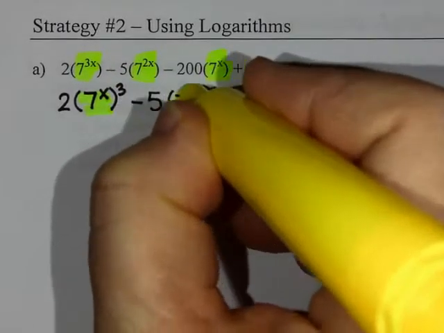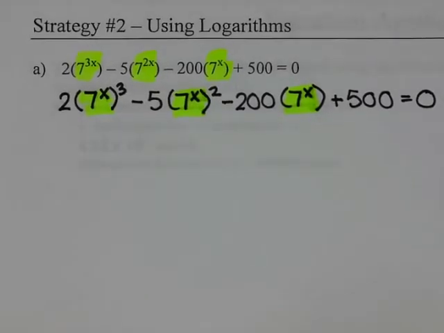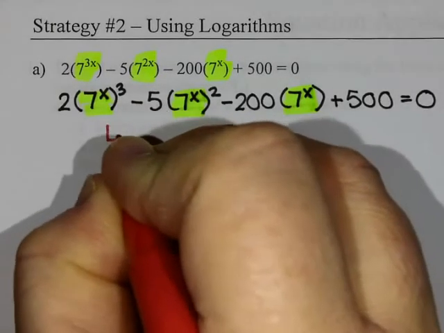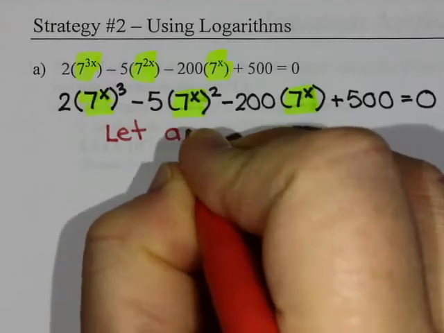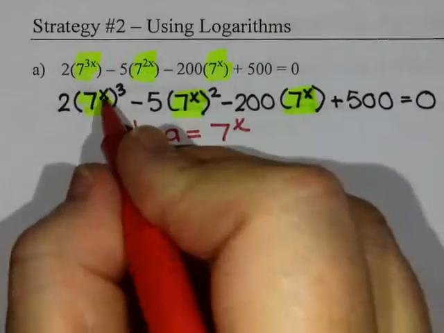So I now notice when I look at this question that I have 7 to the power of x, 7 to the power of x, 7 to the power of x. So I would probably, at this point, use a strategy that we like to use called variable replacement. So I'm going to take out the 7 to the power of x, put in some other variable other than x, and then see where I can go from here. So I am going to let a equals 7 to the power of x, and then I'm just going to take those out.